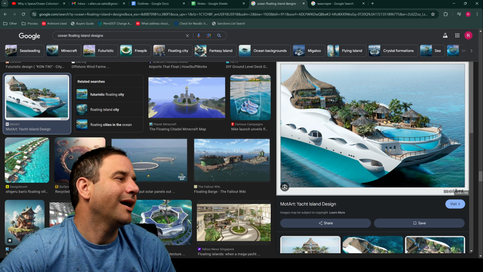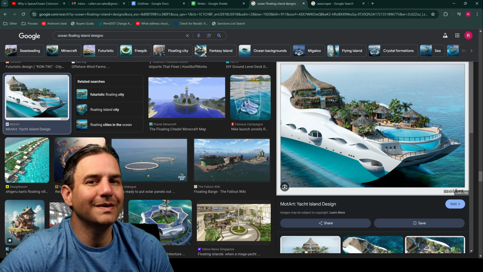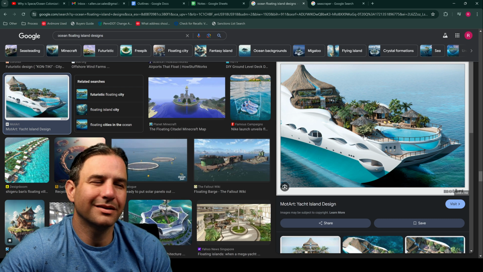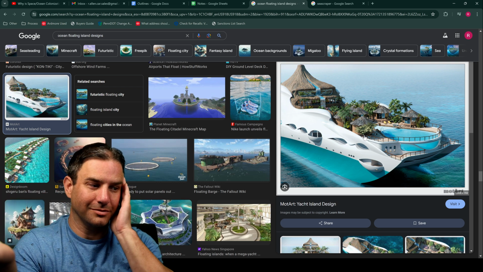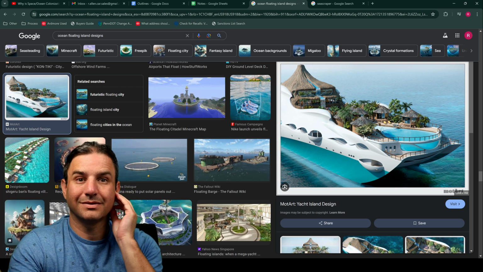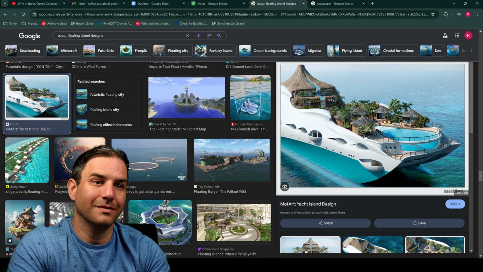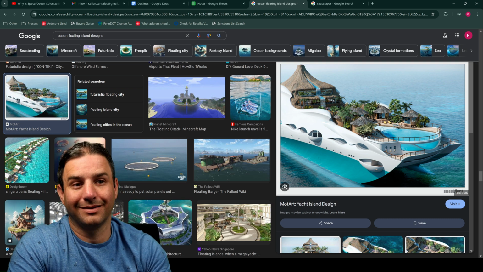I mean, obviously, it's pretty stupid to build tiki huts on top of a mega yacht. Come on. Go on YouTube and look at tours of what they've got on real mega yachts, the environments that they offer. They're incredible. You just wouldn't be able to compete with a stupid tiki hut on a mega yacht. That's for darn sure.